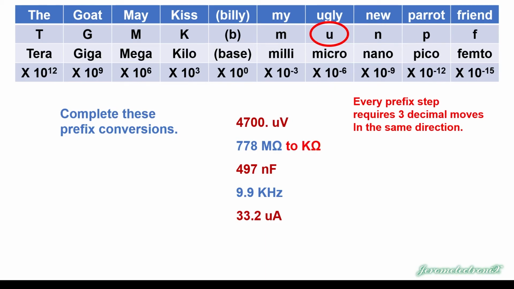Okay. Next one, we're going to convert 778 mega ohms to its equivalent in kilo ohms. Just going to pause for a minute while you work ahead of me and figure this out before I tell you the answer.